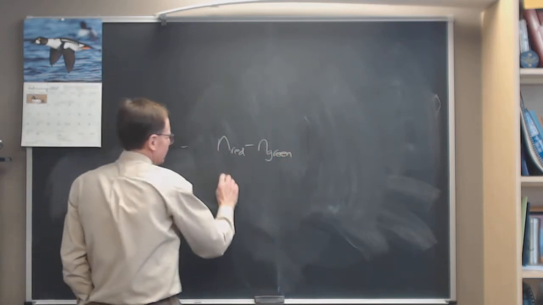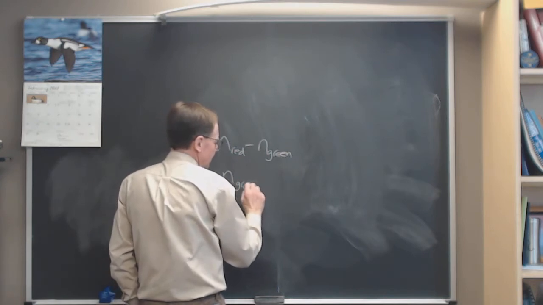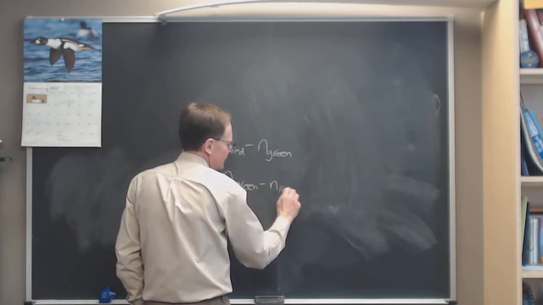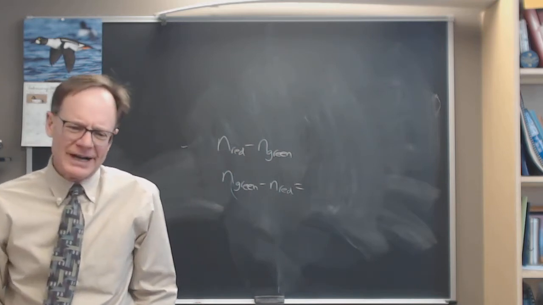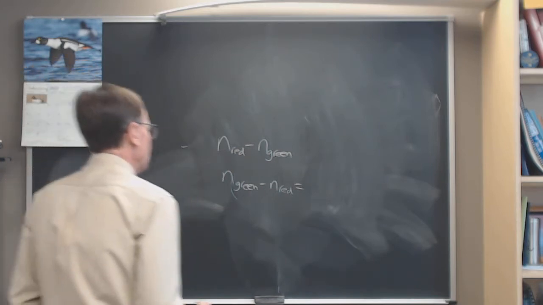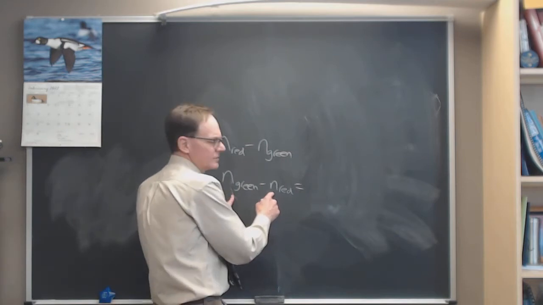N of green minus N of red is probably what we were doing. We get some number that's out there, and then we took that number and divided it by the uncertainty in these two values.